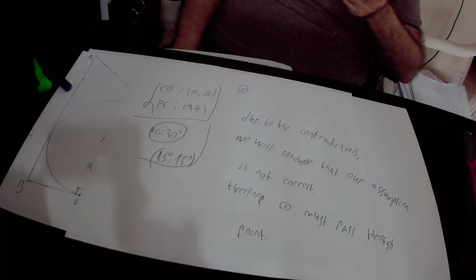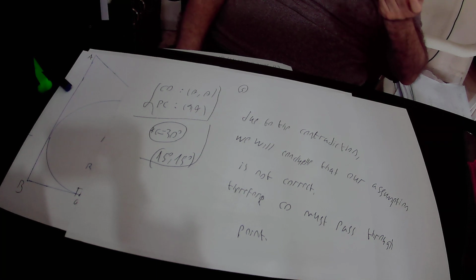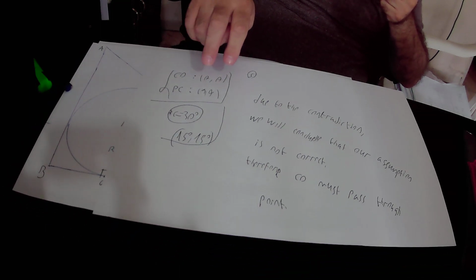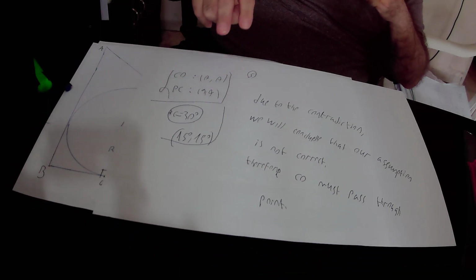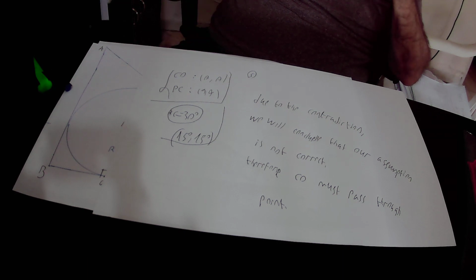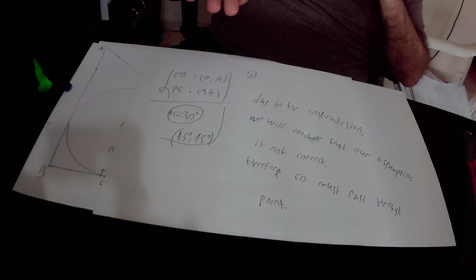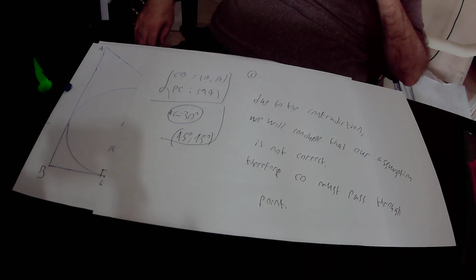Because if angle C, for example, equals 30 degrees, then any angle bisector will bisect angle C into two halves that each equal 15 degrees. So it will be bisected by any angle bisector into 15 degrees and 15 degrees, and not into any other halves.